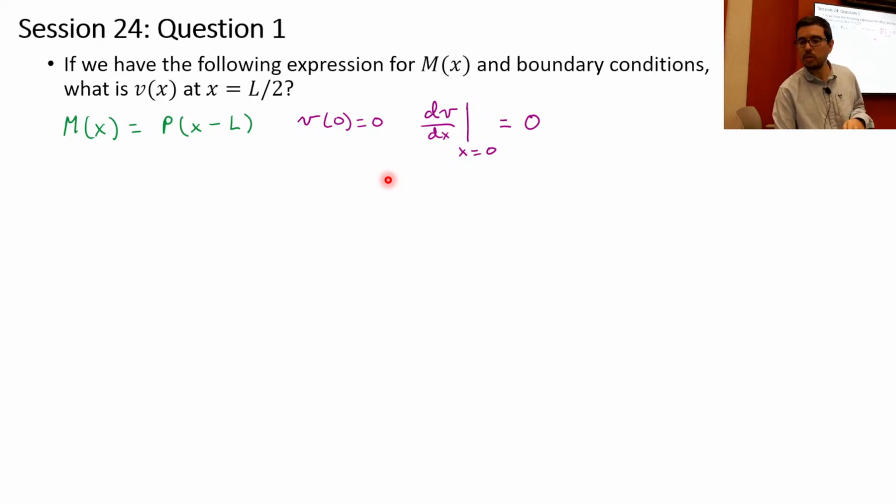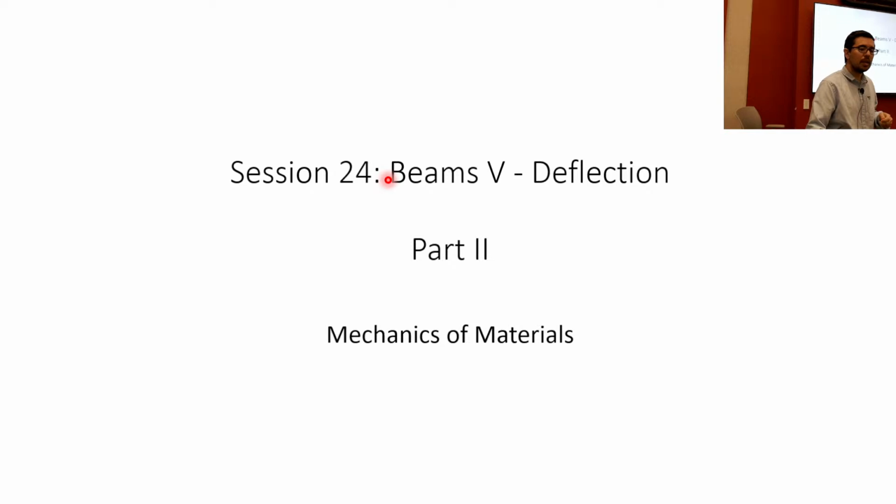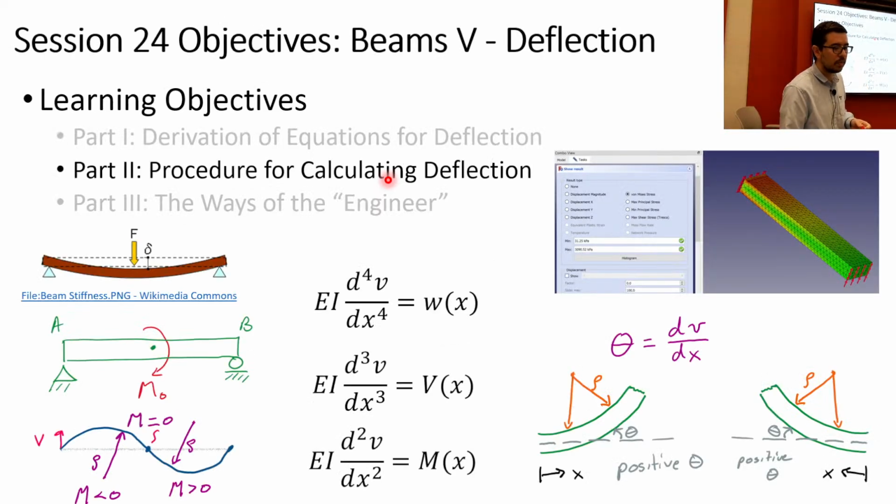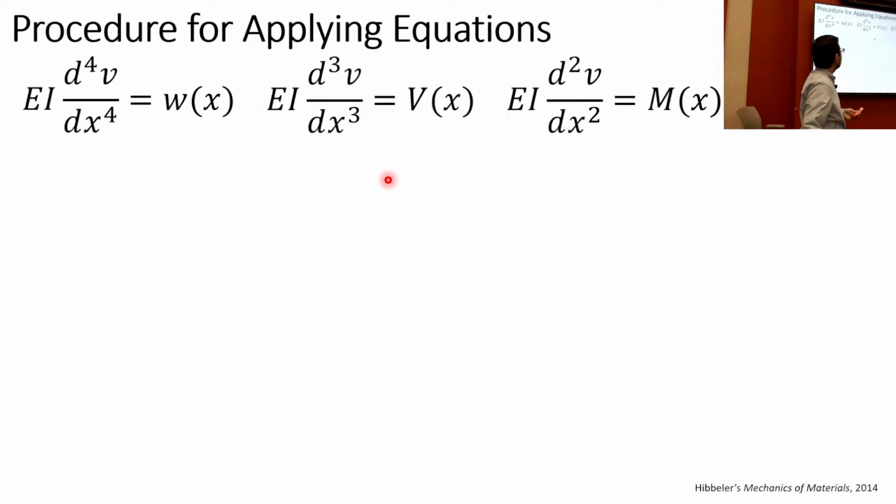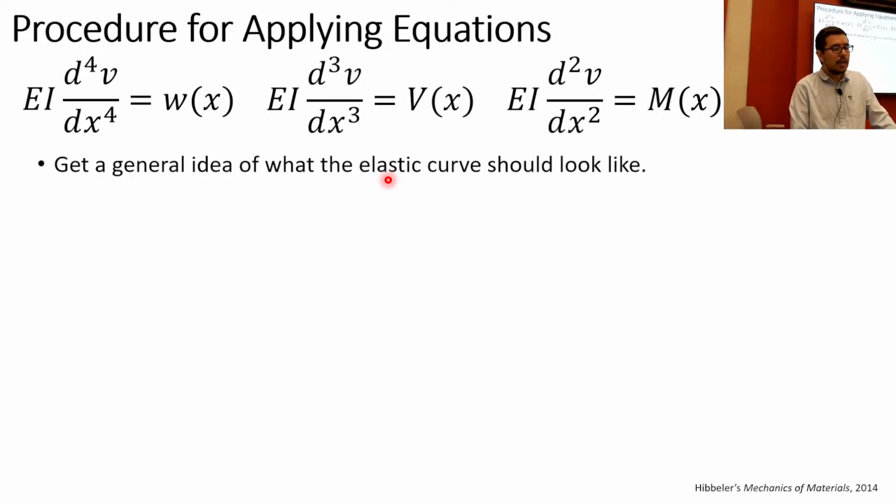Let's go to the second portion and how we go about calculating deflection. These are the equations. We've gotten some examples that we can kind of intuit what it should look like.